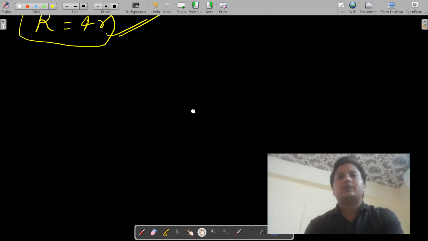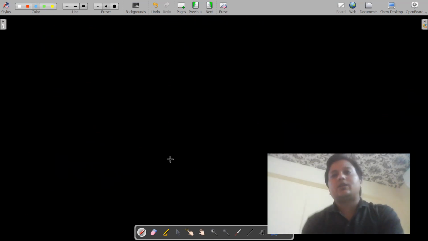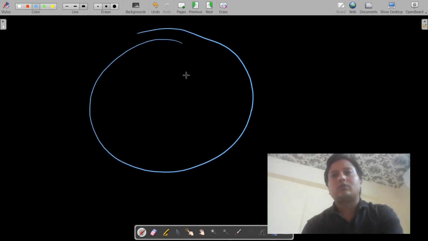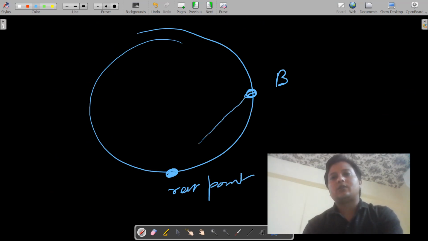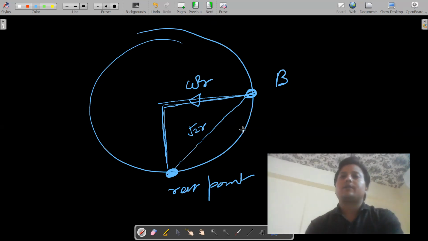In the other part, for point B, we know this is the instantaneous axis of rotation or rest point in the plane, and this distance is r, this distance is r, so this distance comes out to be root 2 r, and the centripetal acceleration is, we know, omega square r.